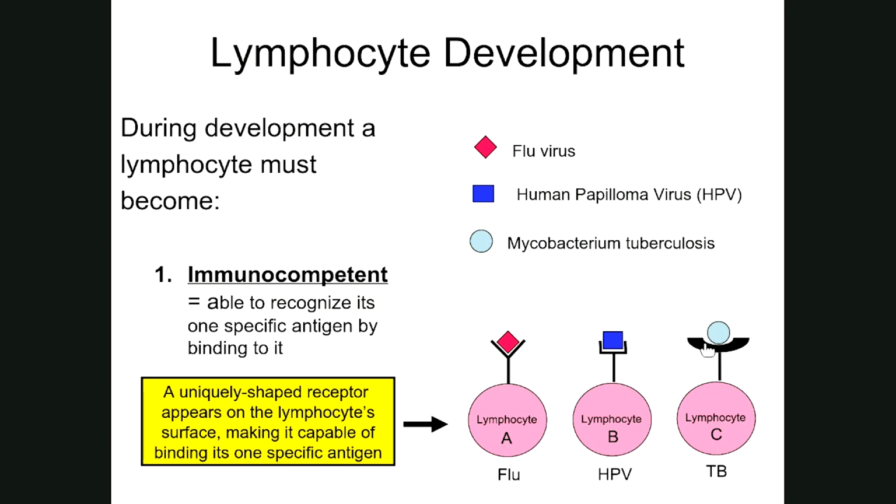You may notice that this first lymphocyte with kind of this V-shaped receptor end is immunocompetent for flu. And the reason that I say that is because its receptor is of a shape that's going to allow it to bind to virus. It's going to recognize flu virus.